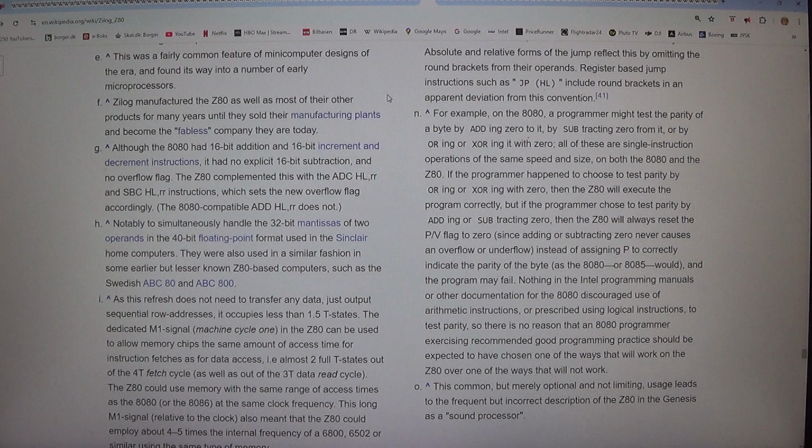14. For example, on the 8080, a programmer might test the parity of a byte by adding 0 to it, by subtracting 0 from it, or by ORing or XORing it with 0. All of these are single instruction operations of the same speed and size, on both the 8080 and the Z80.